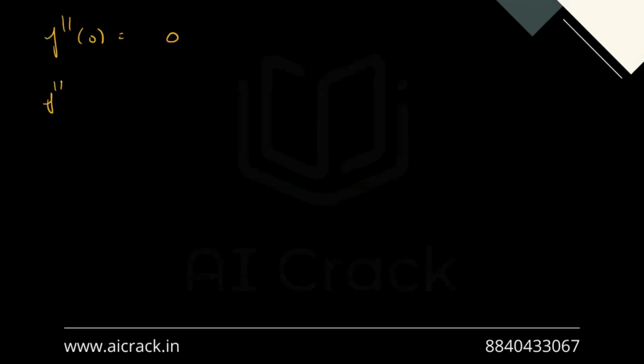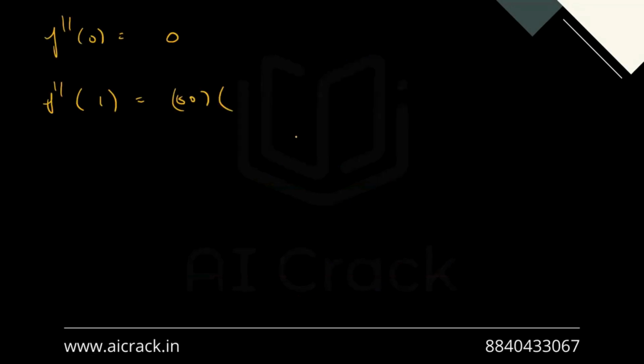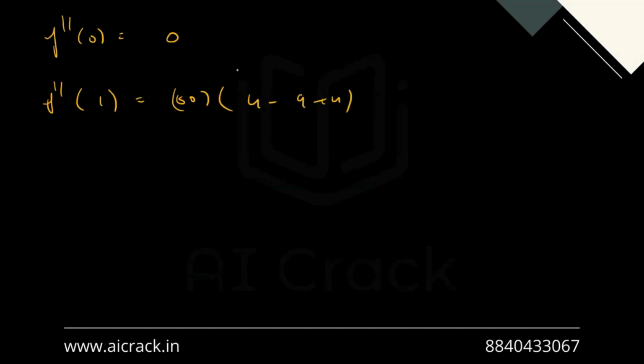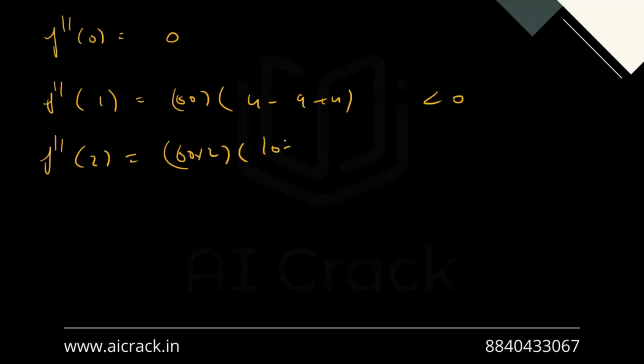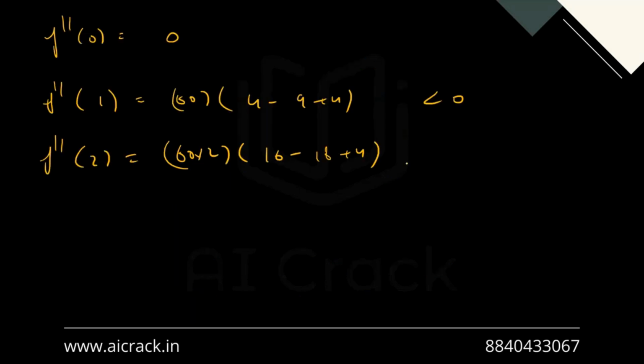If we talk about f double dash 1, that would be 60 multiplied by (4 minus 9 plus 4), so that comes out as negative. If we talk about f double dash 2, we'll be getting 60 into 2 multiplied by (16 minus 18 plus 4), that is positive.